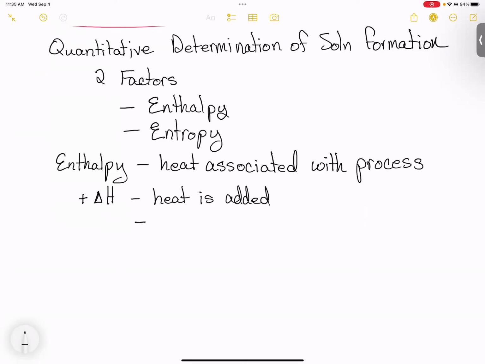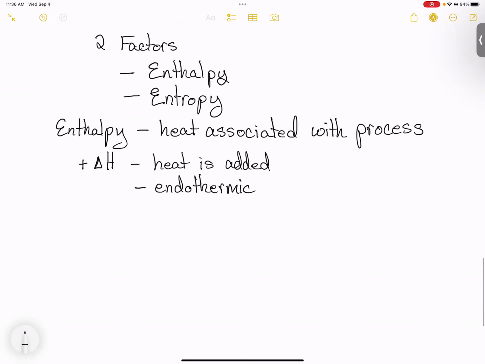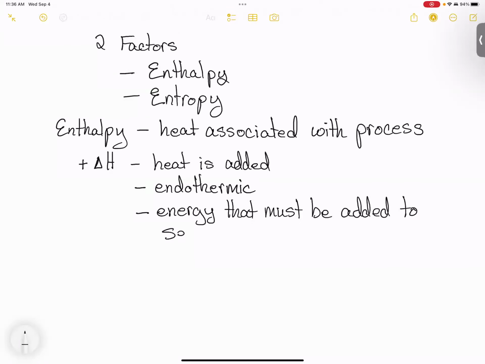It also means that it is endothermic. And for a solution, it is the energy that must be added to separate solute and solvent molecules.